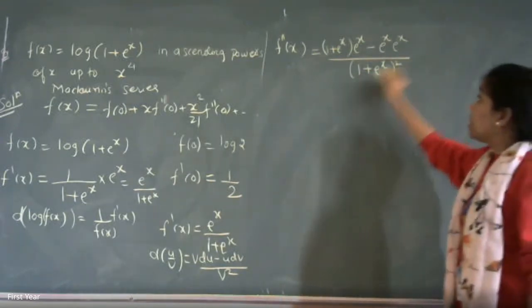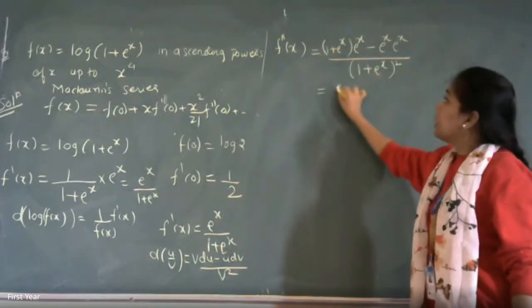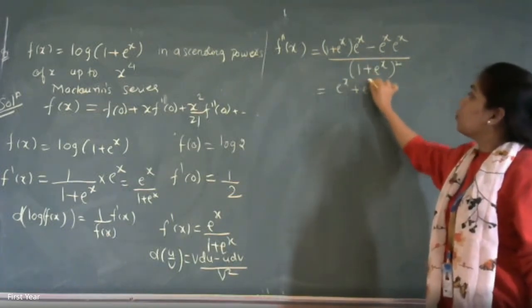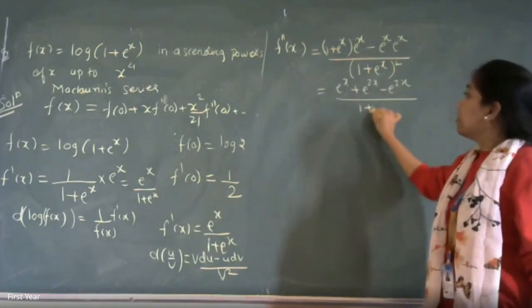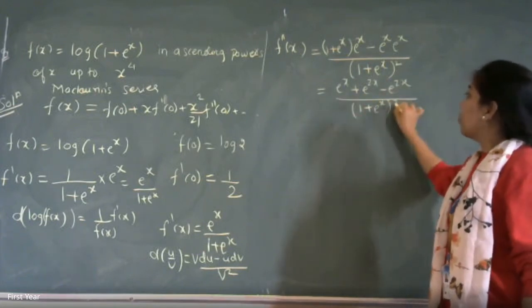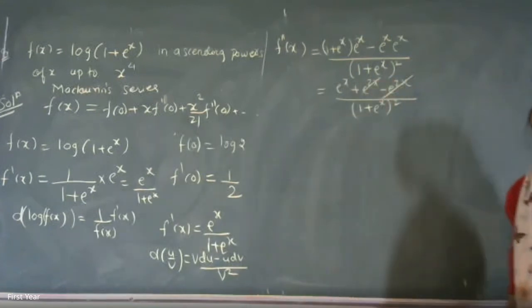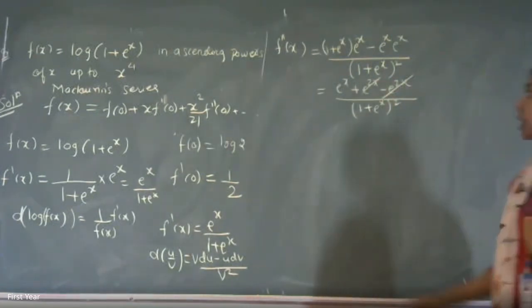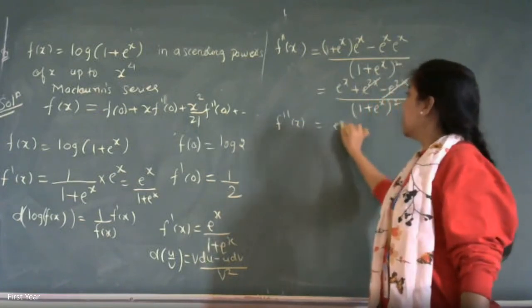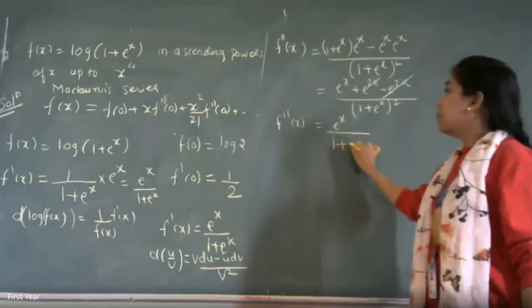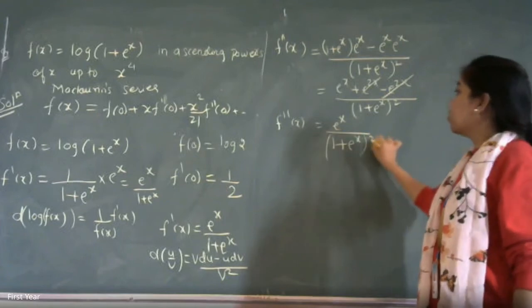Now simplify this: it is e raised to x plus e raised to 2x minus e raised to 2x upon 1 plus e raised to x square. So e raised to 2x and minus e raised to 2x get cancelled, and therefore f dash of x is e raised to x upon 1 plus e raised to x the whole square.